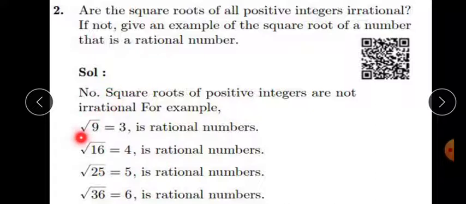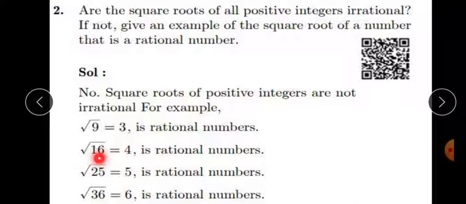But suppose I take root 9. 9 is 3 squared, and the square and the root cancel, so we'll get 3. And 3 is not an irrational number, it is a rational number. Let us take one more example, root 16.